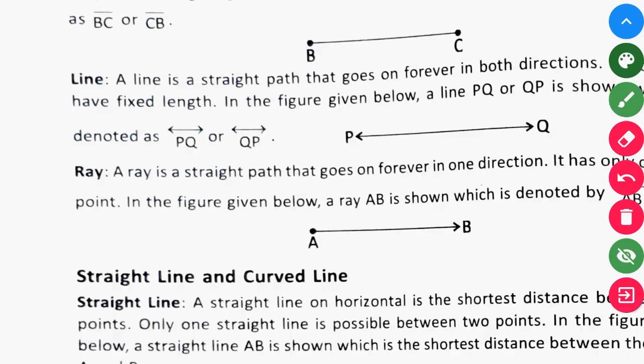Okay, so one fixed point and one infinite end is known as a ray. The fixed point is denoted by a dot and the infinite end is denoted by an arrow. Okay, a line is also infinite, moving in both directions, but a segment has a fixed length.